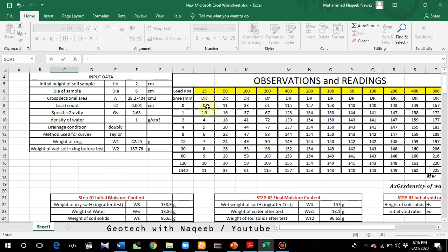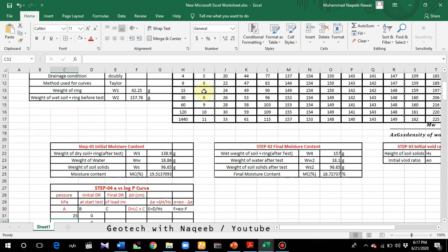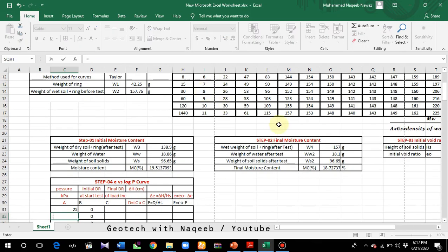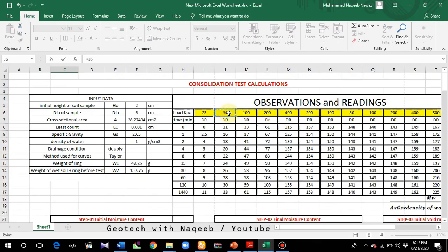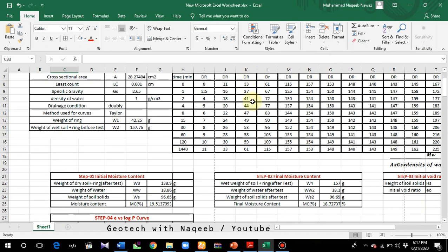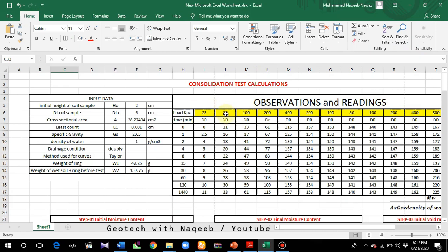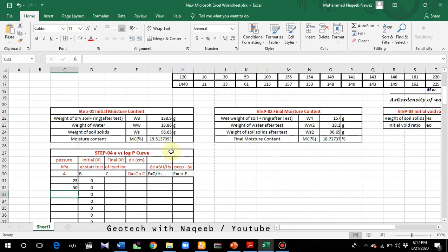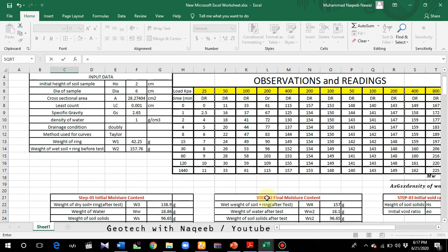Pressure is 25 kPa, then 50 kPa. Why am I selecting in that manner? Why am I not directly putting the values? Because in the future you will just have to put these values, and these values will automatically be reflected over here. That is why I'm using this formula.